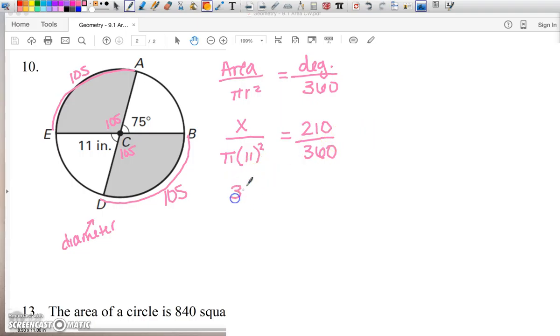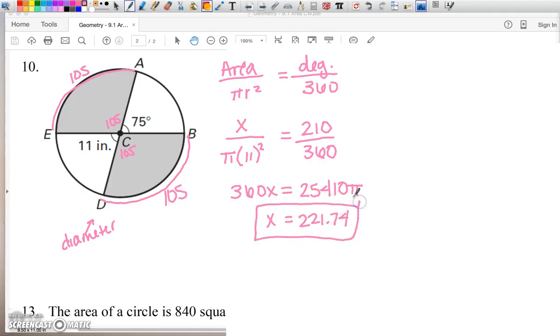So we do our cross multiplying, 360x equals, and when we multiply the other numbers, we get a really large number, which is 25,410 times pi, and then we divide by 360 to get that your x, which is your area, is 221.74, and that would be your area of just those little sections.